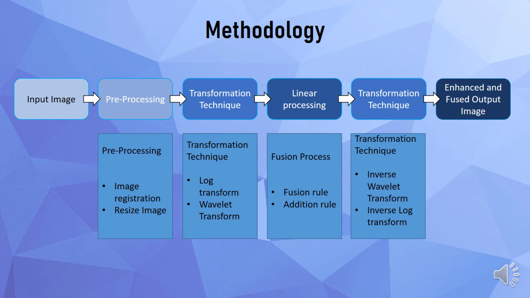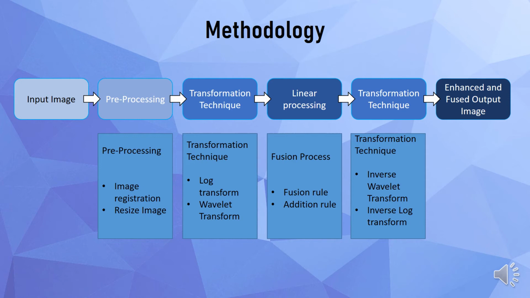The methodology of this research is that you take the input image and do the pre-processing: register the image into the database, and resize the images so that they have the same size. Then we use the transformation techniques, basically the homomorphic transform and the DWT, the wavelet transform.